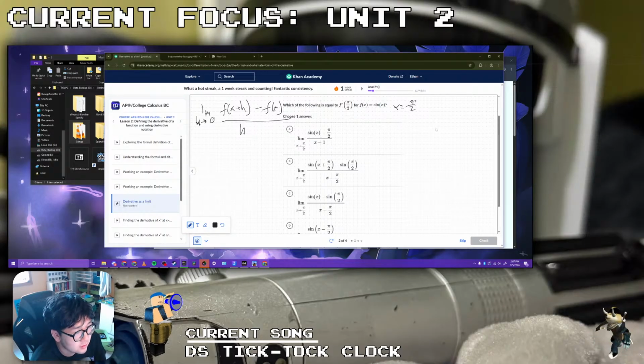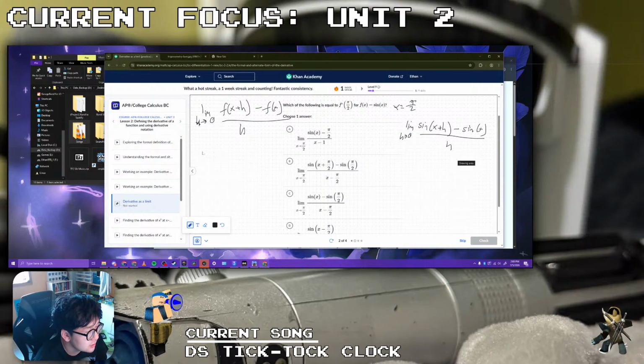So first, let's do this. It's going to be the limit as h approaches 0 of sine of x plus h minus sine of x over h.